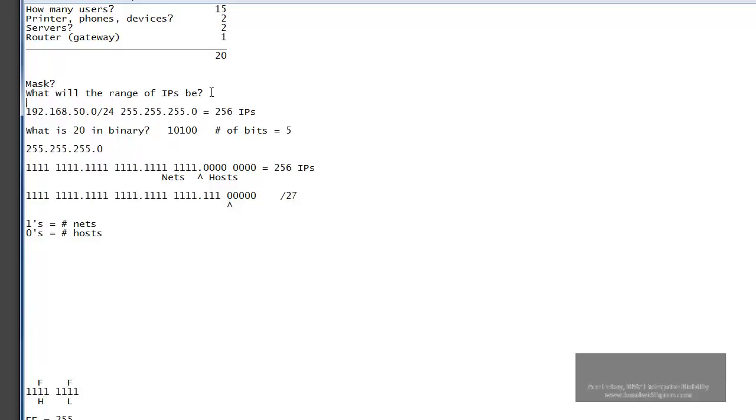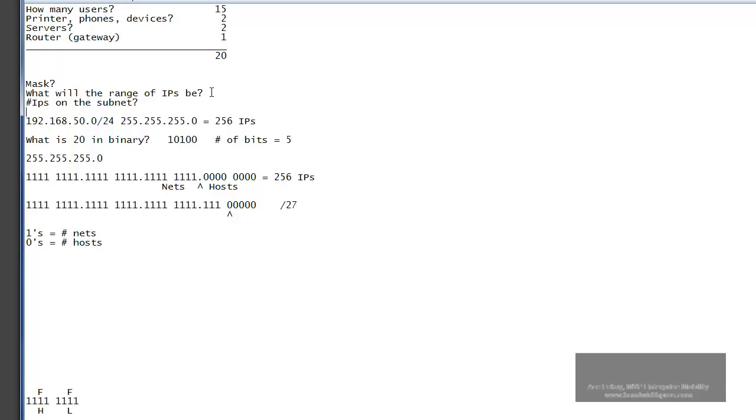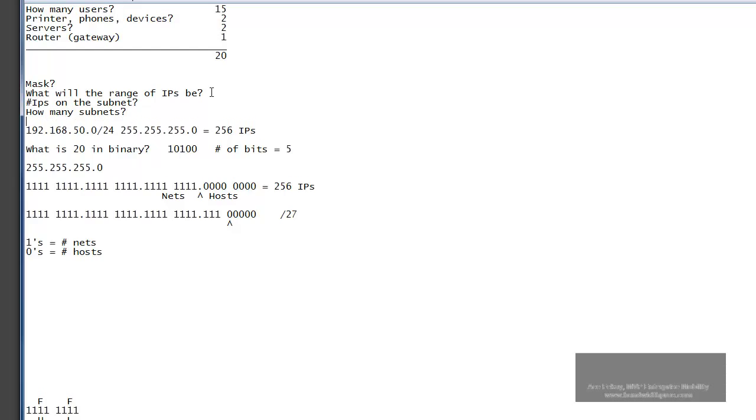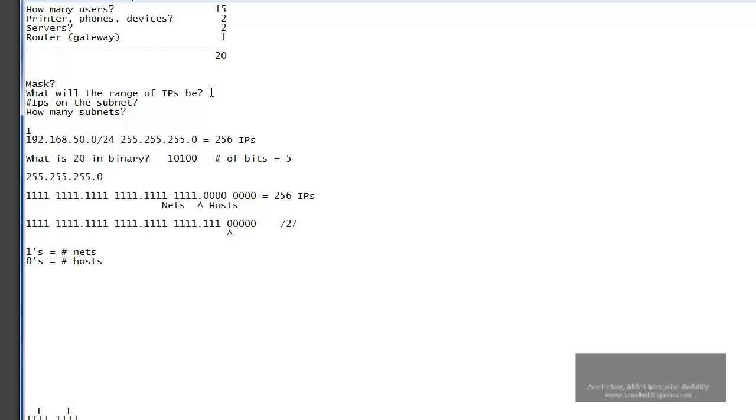And also, what I forgot to ask here, the number of IPs on the subnet. And here's something else we're going to ask ourselves: how many subnets can we get out of this? Okay, and remember, this is an inventory here that's unused.